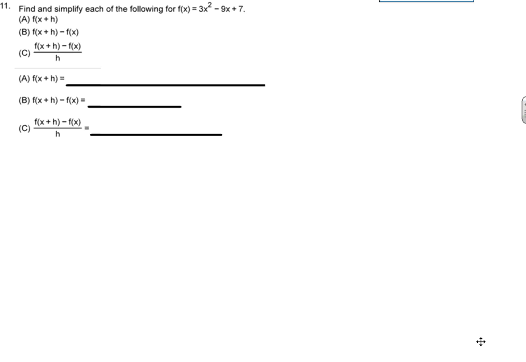Knowing that f of x is equal to 3x squared minus 9x plus 7, what we're going to do is replace the x with x plus h. So where there is an x, I'm going to put x plus h.